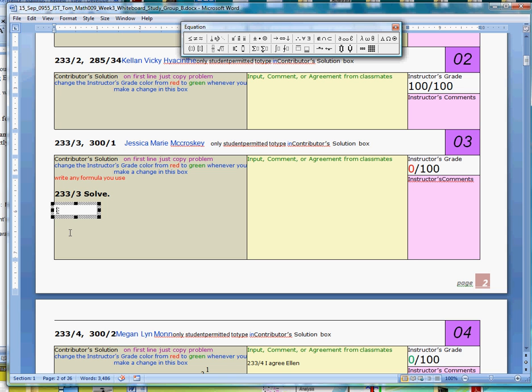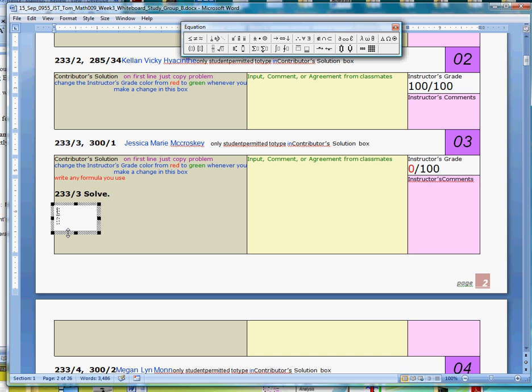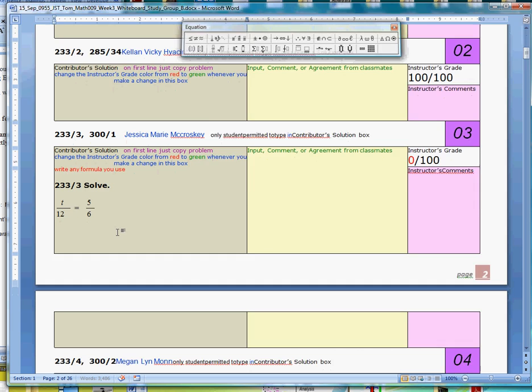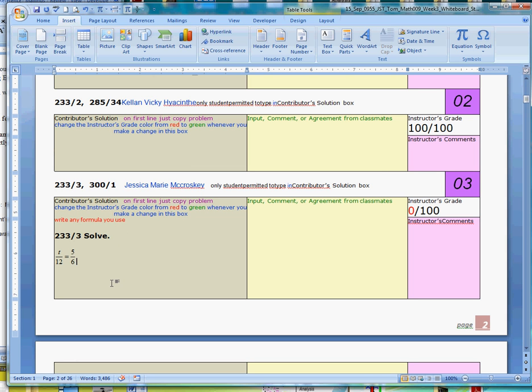It starts with a fraction, so I do Control F. t on the top and 12 on the bottom. A right arrow to clear the fraction, an equal sign from the keyboard, another fraction with a 5 on the top, a down arrow, 6 on the bottom, and a right arrow to clear the fraction. And now we click outside to indicate that the problem has now been entered.